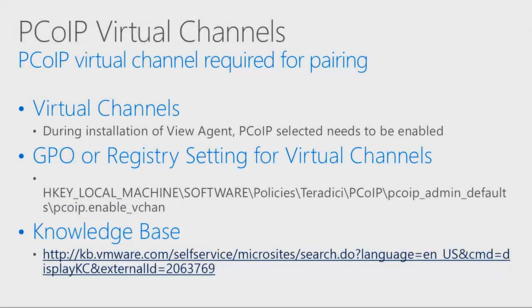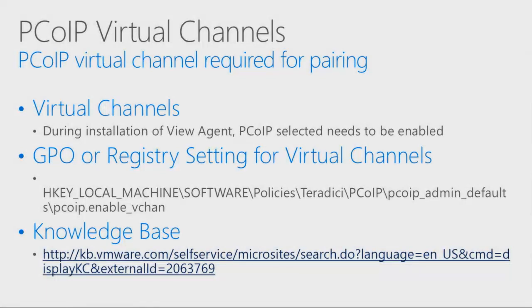Finally, I talked previously about the pairing process and how the PCoIP virtual channel is the communications channel that enables the Lync client to communicate with the Lync VDI plugin. Now, when you install your View agent on your remote machine operating system, you have to install PCoIP. Once you install PCoIP, it lays down all the bits and bytes necessary to enable the virtual channel.